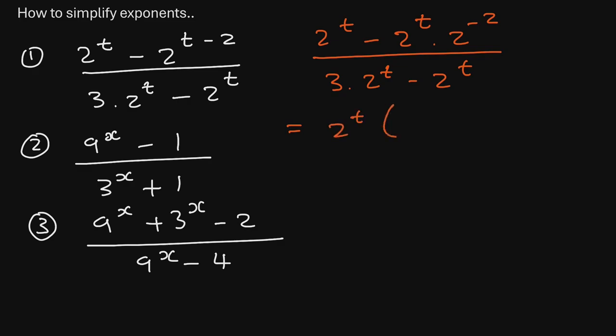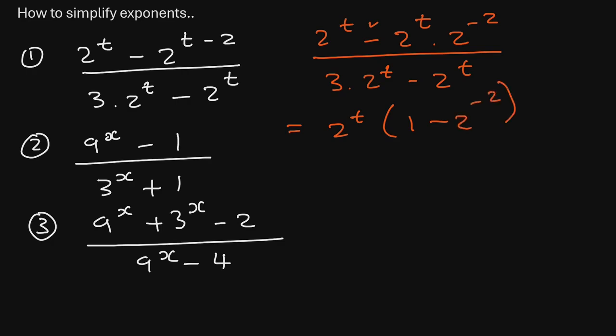So remember, when you factorize, you're going to say now the first term divided by the common factor. So 2 to the power of t divided by 2 to the power of t is just going to be 1. Then you keep the sign that you have in the middle, which is minus. And then you say now the second term divided by the common factor. So 2 to the power of t will cancel the 2 to the power of t. And what will remain is just going to be 2 to the power of negative 2.